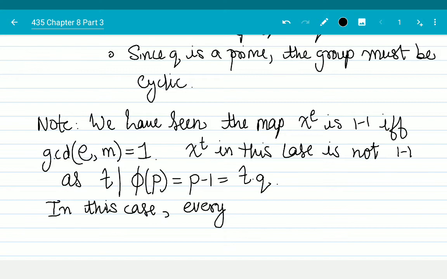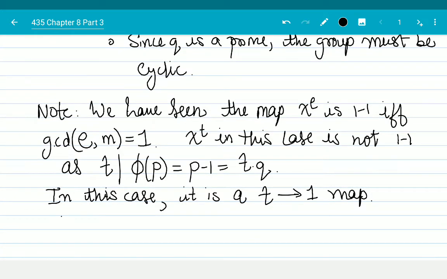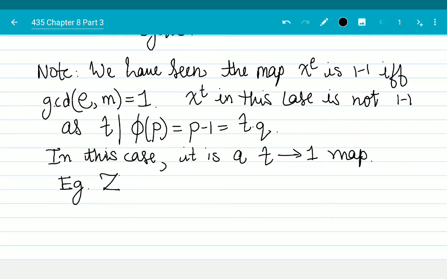It's a t to 1 map. For example, look at the map x goes to x cube in Z7 star.